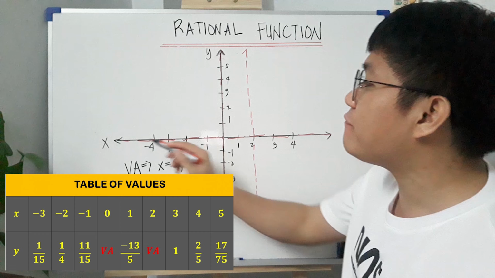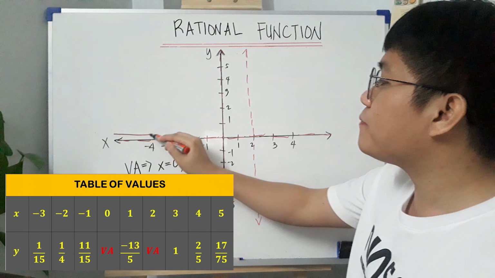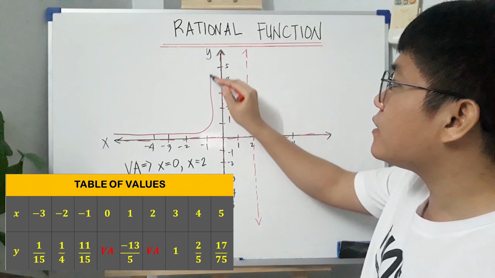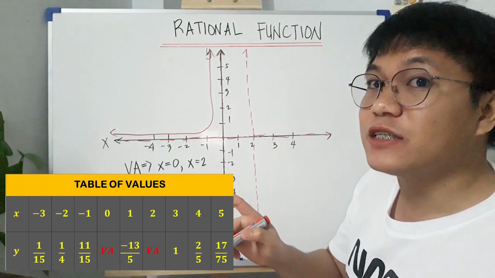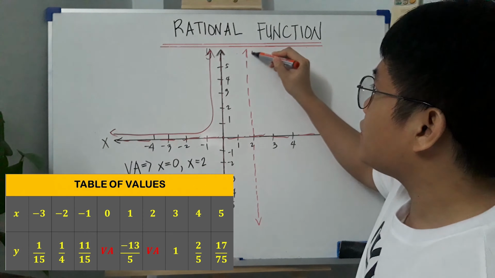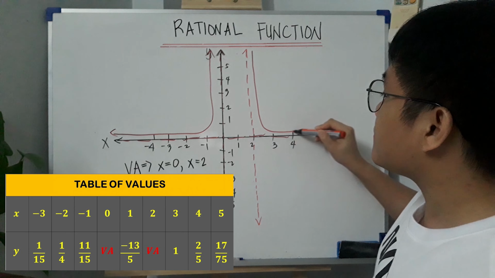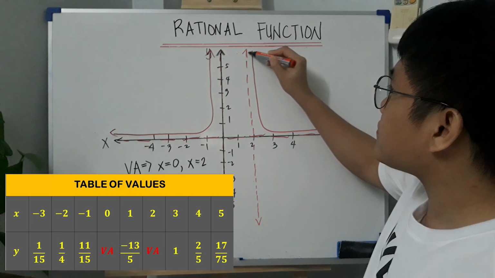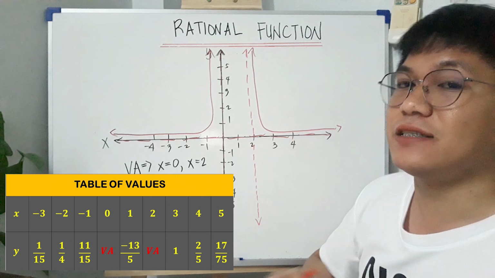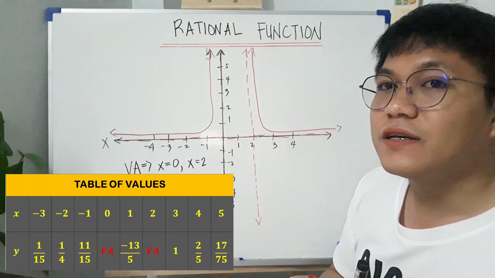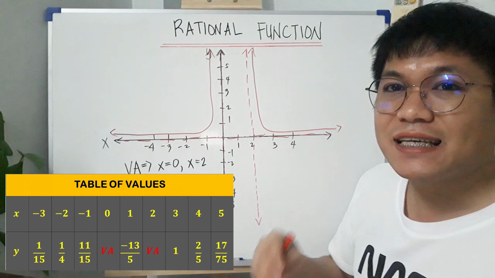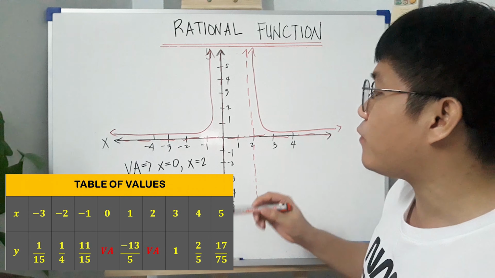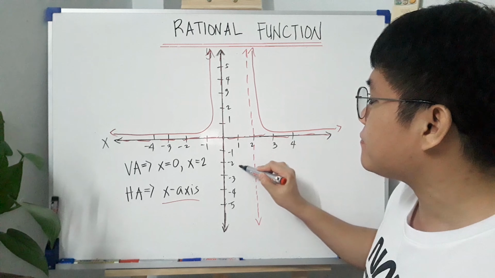One graph will be here. The other graph of this rational function is located here. And as I said, there are three partitions, so the other graph is in between 0 and positive 2. Therefore, the other graph will be right here.